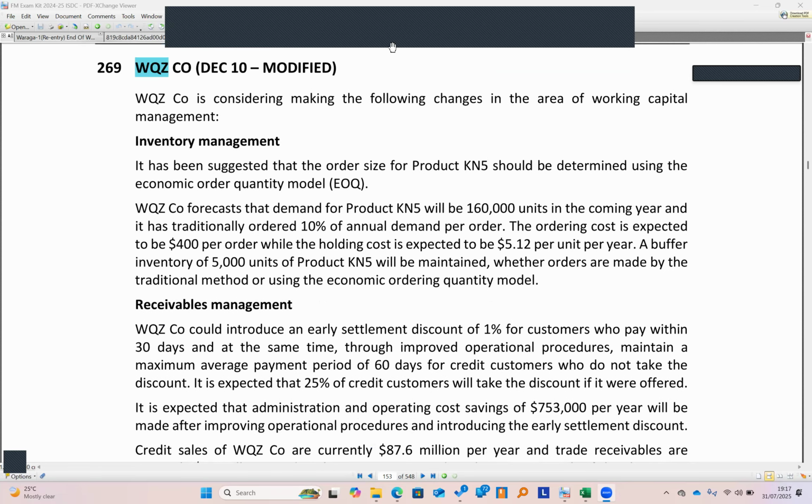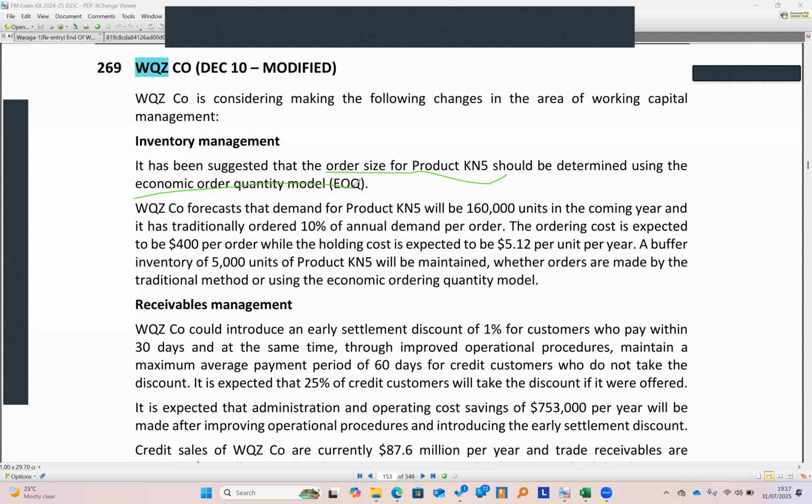When you look at what they told us about WQZ, they want to make the following changes in the areas of working capital management. For inventory, they want to change the order size for product KN5, and they want to determine it using the EOQ. When you know EOQ, you already know what to do with this, and then you just look out for the different variables that you need. So the demand is 160,000 in the coming year.